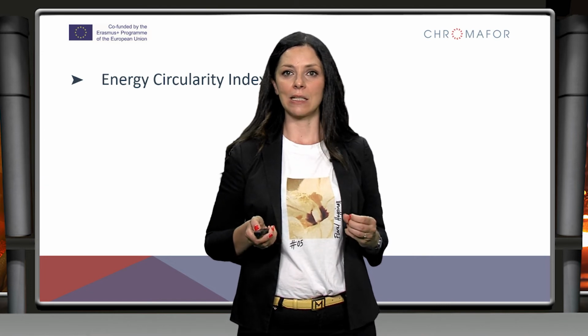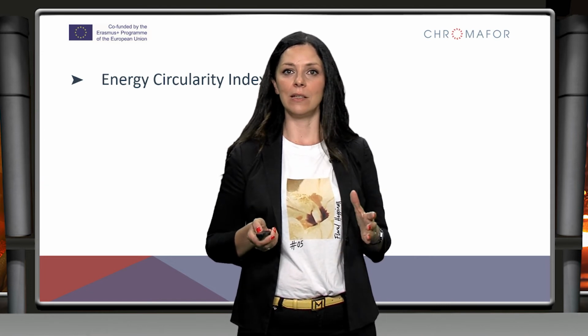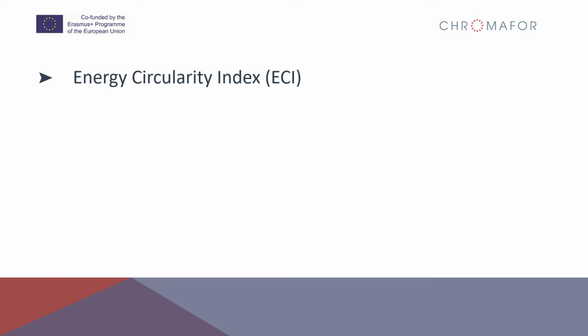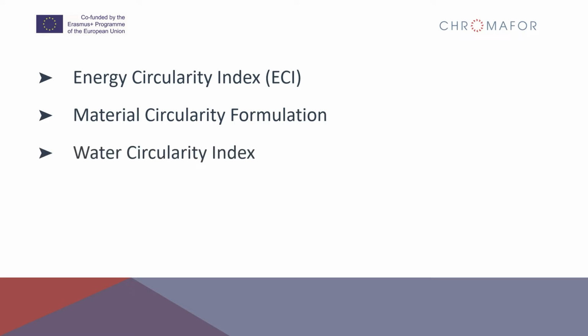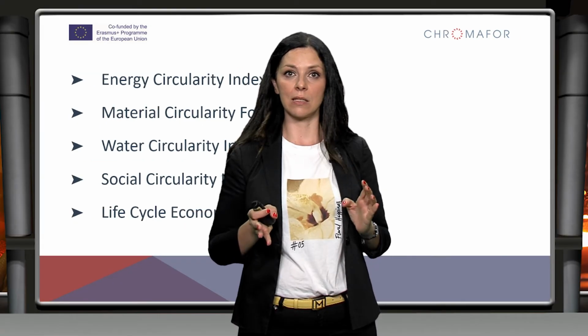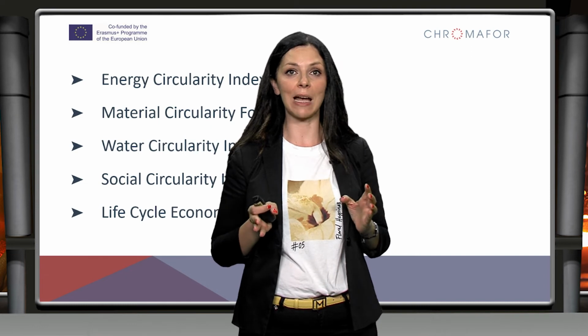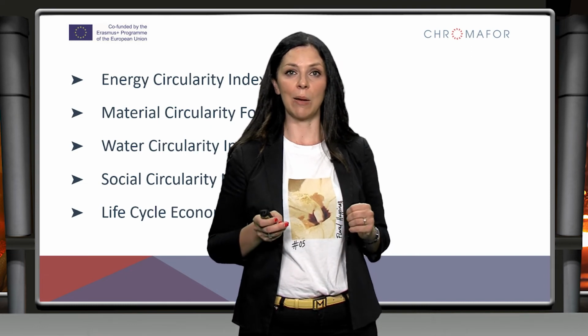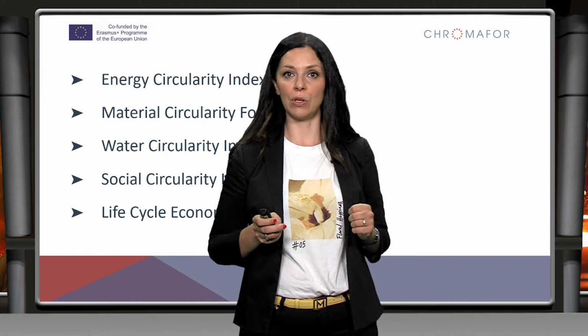One of the indexes which is commonly used is the energy circulation index. Then we have also material circularity formulation, and also water circularity index and social circularity index. And then, last, life cycle economic value. For more details about these indexes, you can have a look at the website of Chromafor, www.chromafor.eu.